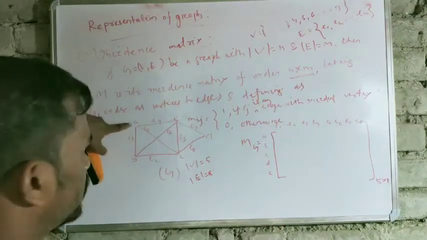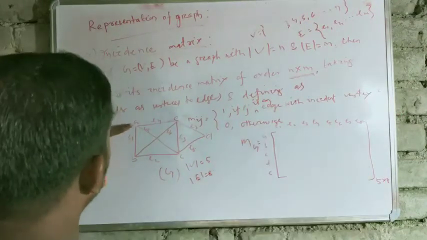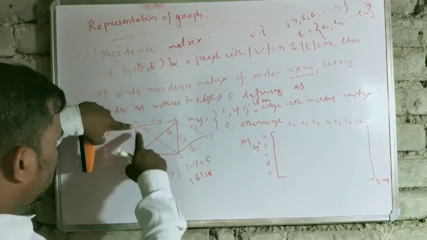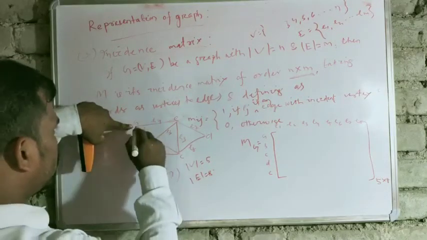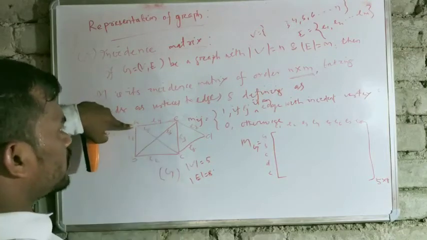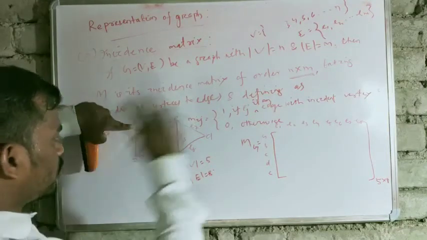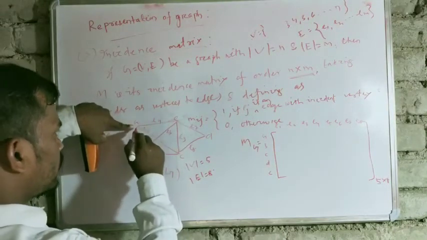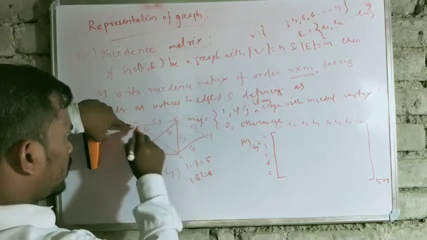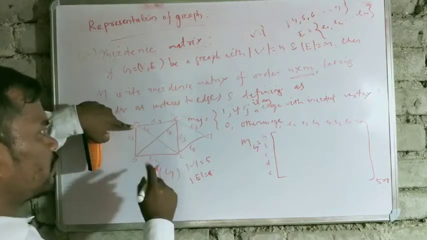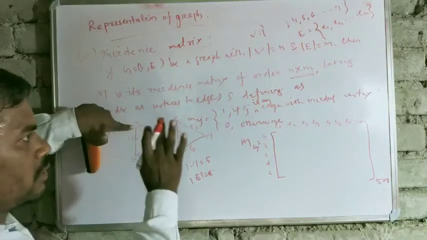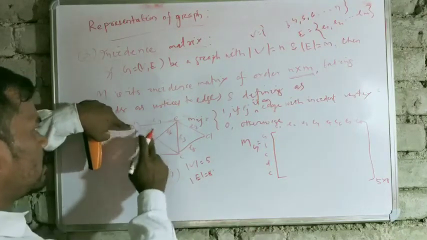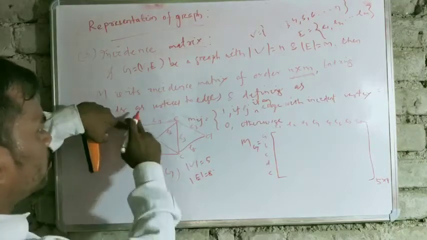Now, how do we write the first row? Here the vertex A is the incident vertex of which edges? A is the incident vertex of edges E1, E4, E5. Incident means which edges are connected to this vertex.